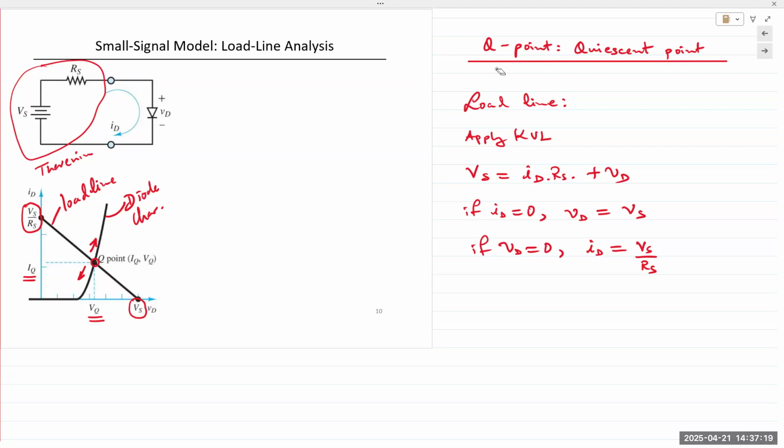Okay. So because it's a graphical analysis technique, we are trying to solve for diode voltage and we are trying to solve for diode current, ID. So two unknown variables, we need at least two equations to solve for them. So the first equation in this graphical solution comes from the device characteristics. Device characteristics are not going to change, right?